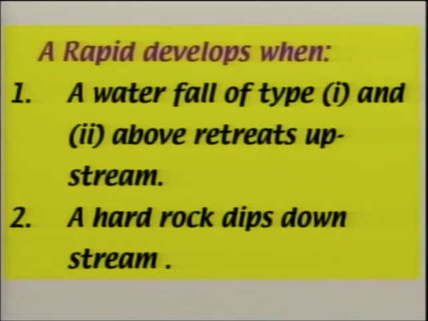I will explain each of those so that perhaps it can make it a little bit more clear what we mean when we say a waterfall of type 1 and 2 retreats upstream. I'll give you at least 1 minute perhaps to make note of that information, and we'll go over to the explanation of those 2 ways in which rapids can be formed.